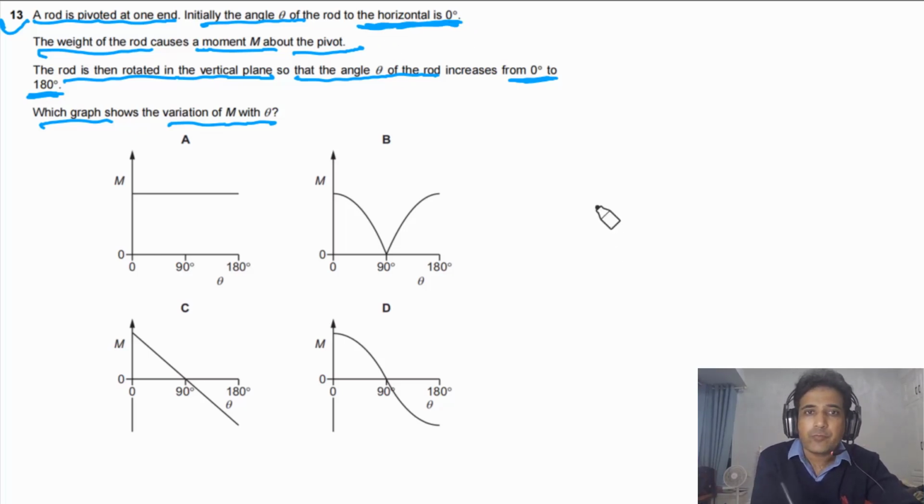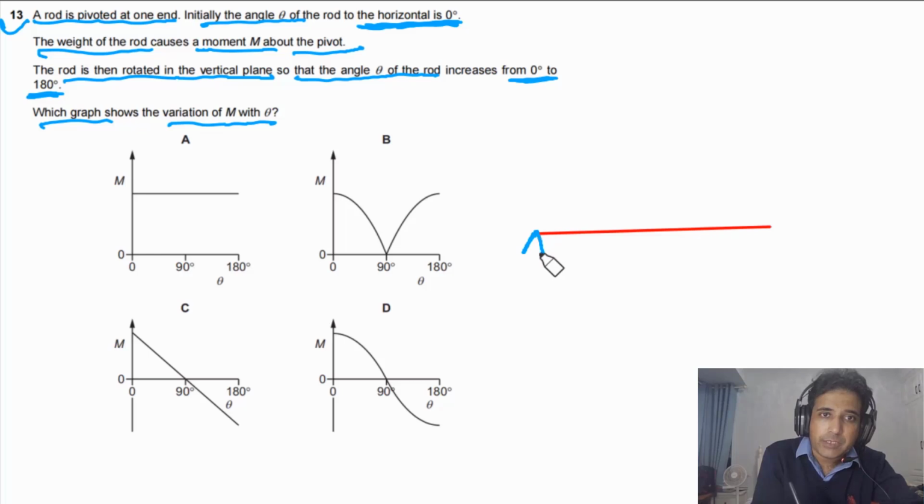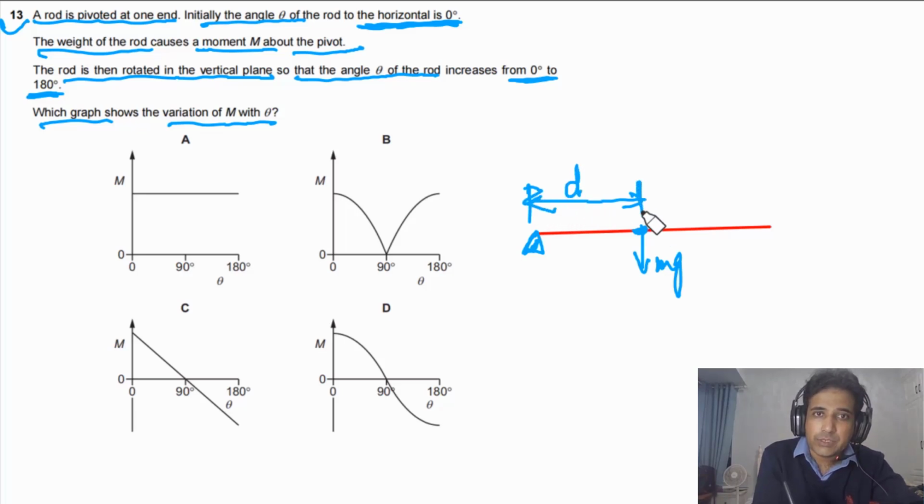First of all we can draw this line, and this line represents our rod, and the pivot is at one end. We can also imagine the center of mass is located at the center of the rod, and this is mg, and we can assume the distance from the center of mass to the pivot is d, because in this case the moment is caused by the weight of the rod.